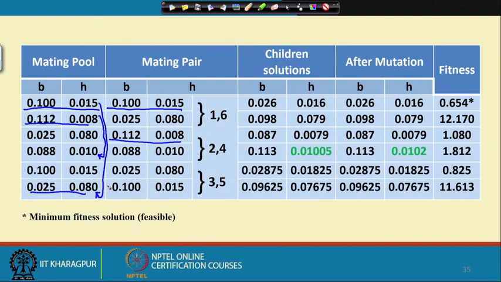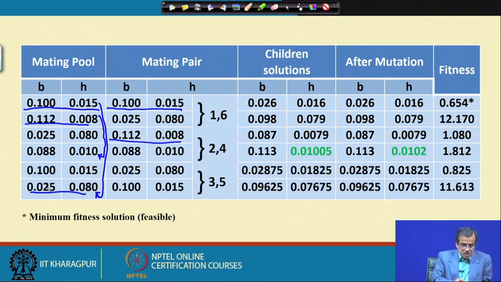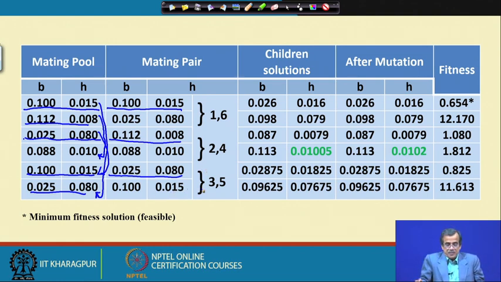So, the third one you directly copy it here 0.025, 0.080, and this third one is going to meet with the fifth one, that is nothing but 0.100, 0.015. So, this is actually the third mating pair.